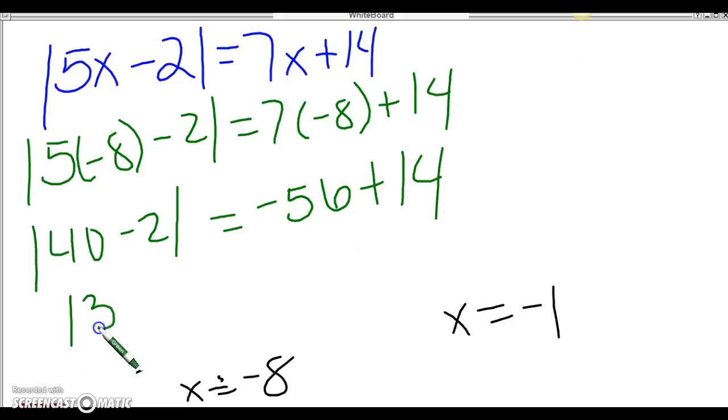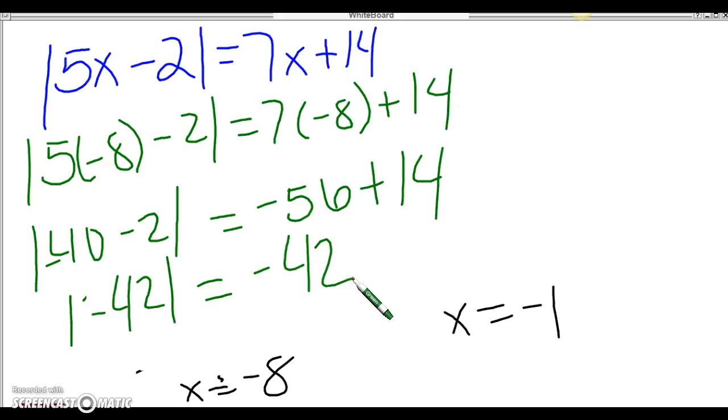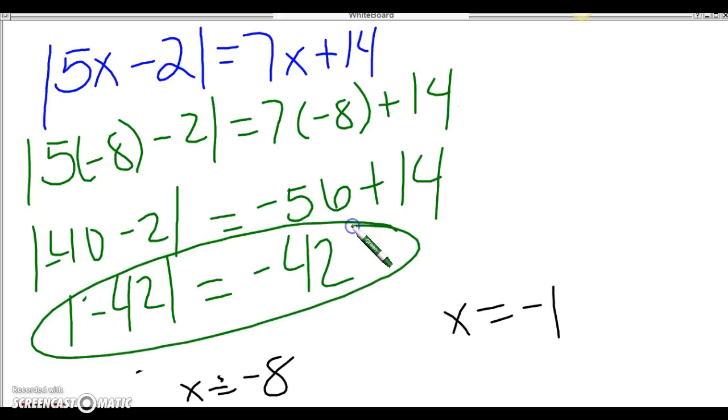I made a mistake right here, and I apologize for that. This is supposed to be -40, so that's -42. And here I get -42. I can stop right there. It can't equal a negative, so -8 is extraneous. Let's plug in the next one.